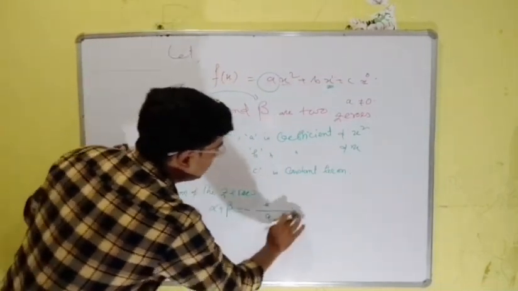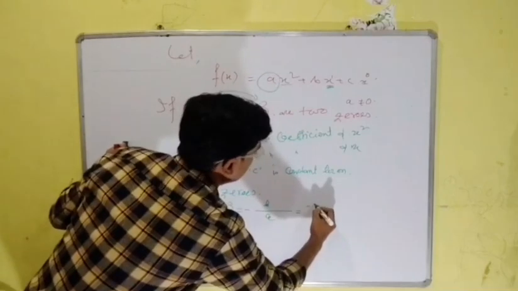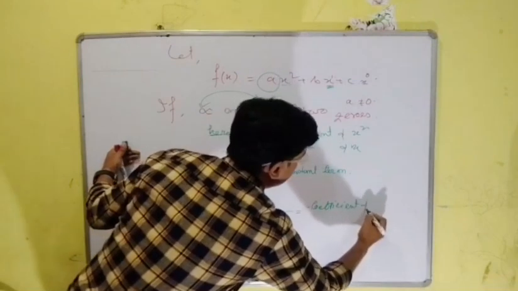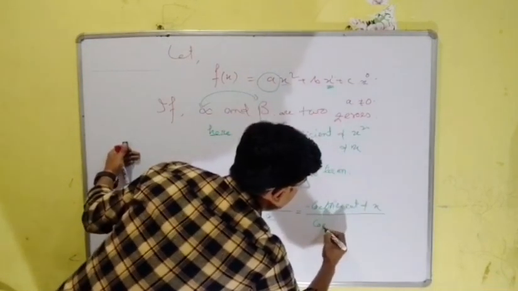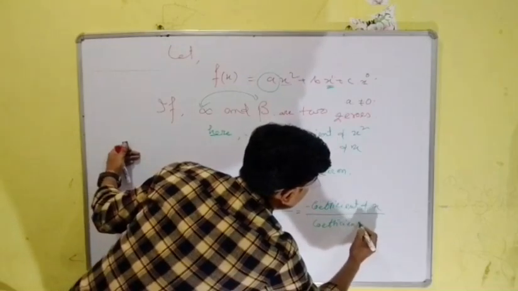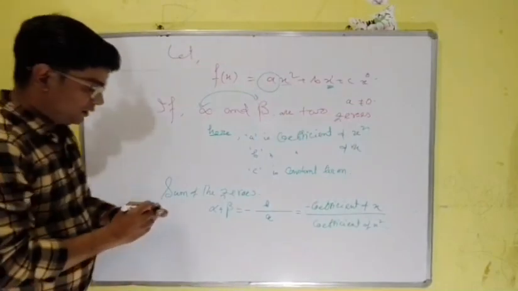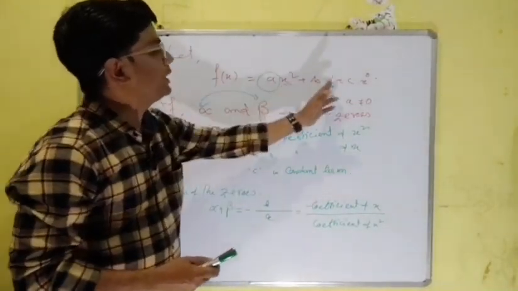That is, minus b by a. This is the relation between the sum of the zeros and the coefficients of x square and x.